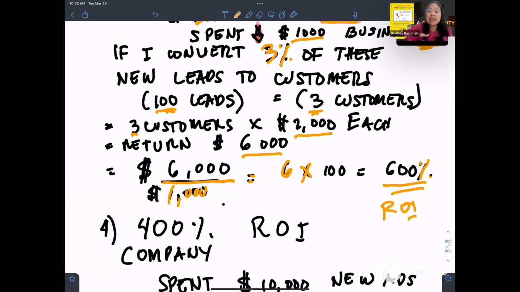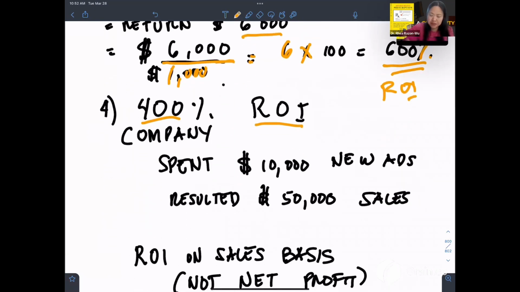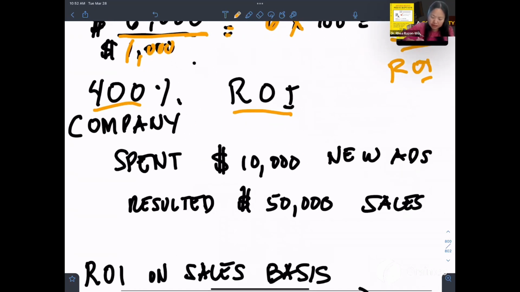Now, let's make it even harder. Another example, a 400% return of investment. So let's say you have a company and you spend $10,000 in new advertisement. You have to spend on ads so people know you.